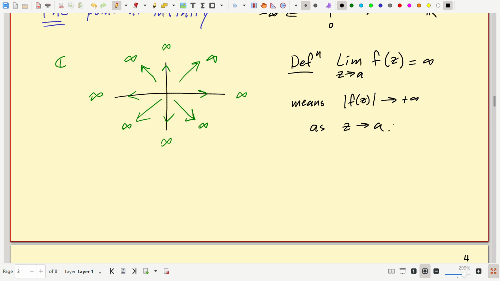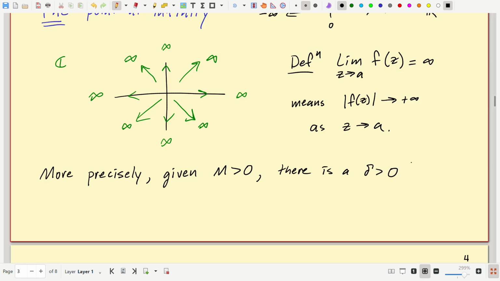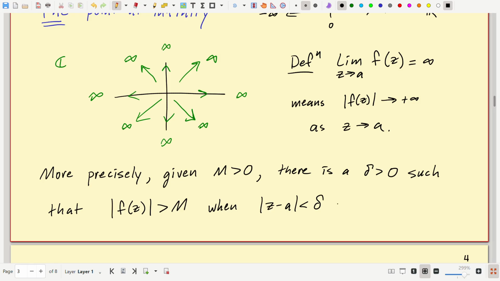Or more precisely, in the mathematical sense, what that means: given a real number M bigger than 0, there is a delta bigger than 0 such that the modulus of f of z is bigger than M when the modulus of z minus a is less than delta, and z, of course, can't be equal to a. That's where it blows up.